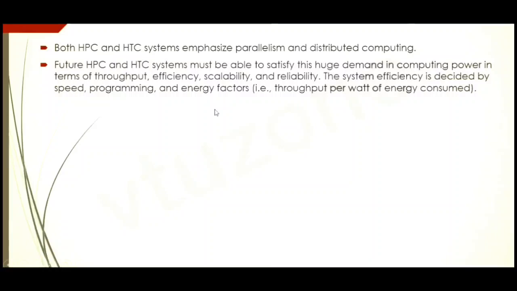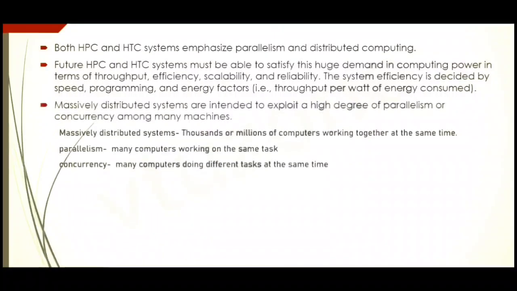And the next point is, see, massively distributed systems are intended to exploit a high degree of parallelism or concurrency among many machines. Massively distributed systems means thousands or millions of computers working together at the same time. Parallelism means many computers working on the same task.